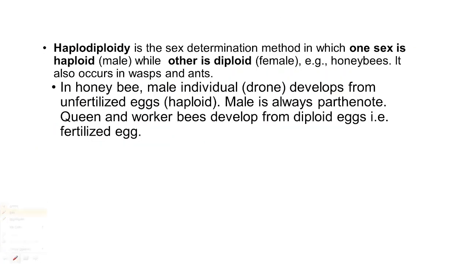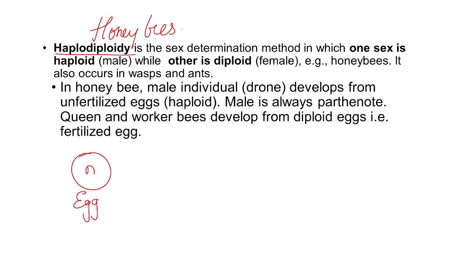Next one, haplodiploidy. Haplodiploidy type of sex determination is the type of sex determination found in what? Honeybees. Honeybees show haplodiploidy. That means what happens to the particular egg which is haploid in nature? If this egg develops without fertilization, then it will develop into male.